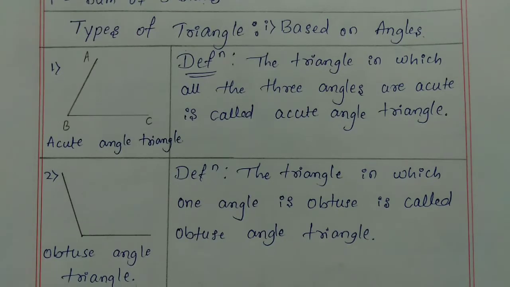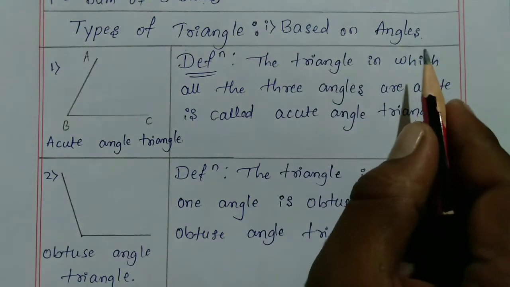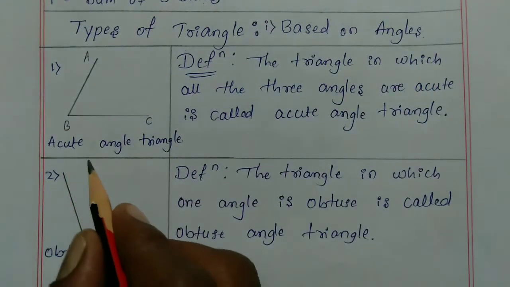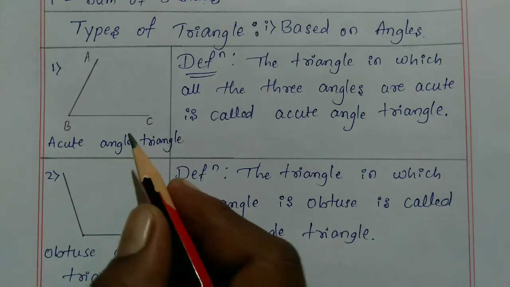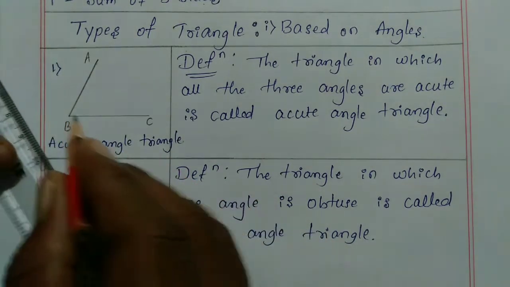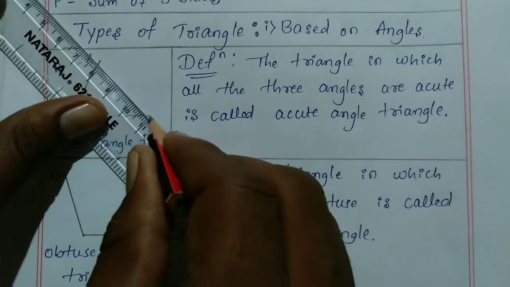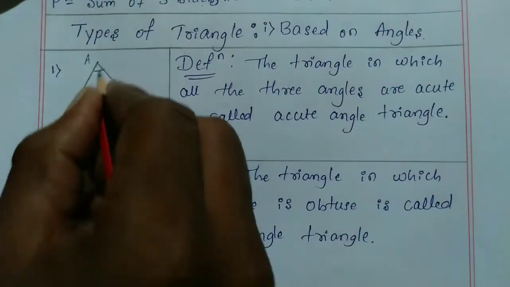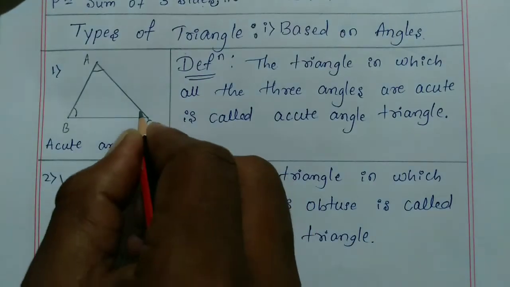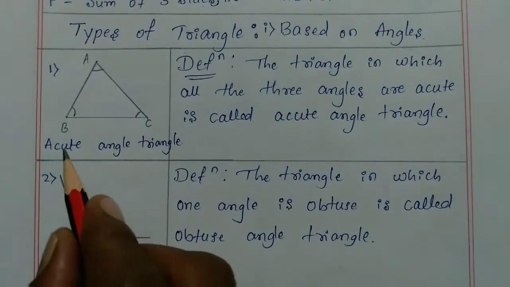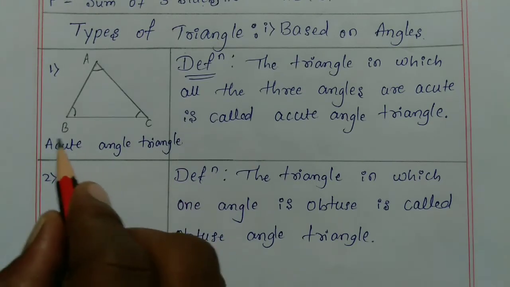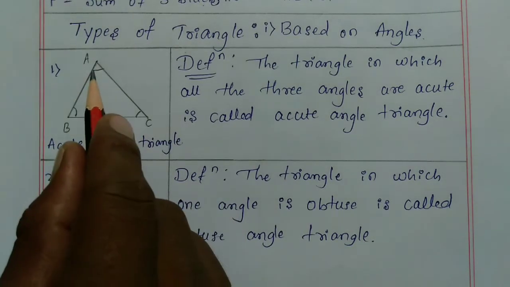Types of triangles based on angles. If a triangle contains three acute angles, first, second, third, where acute angle means less than 90 degrees, this is less than 90 degrees, this also less than 90 degrees, and this also.